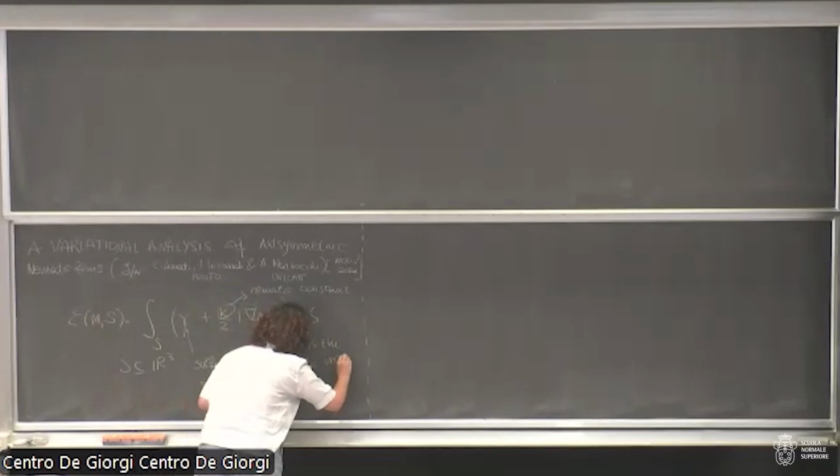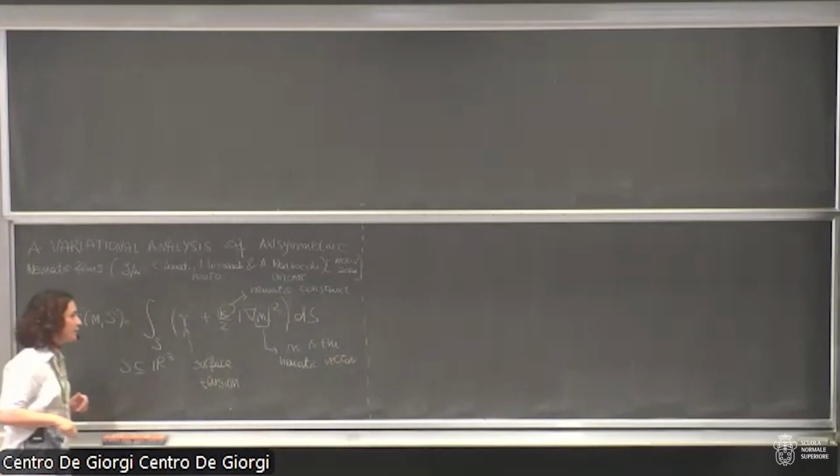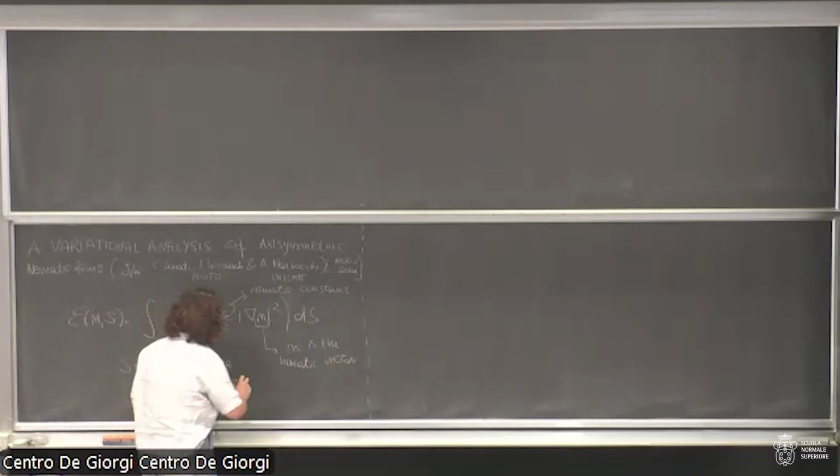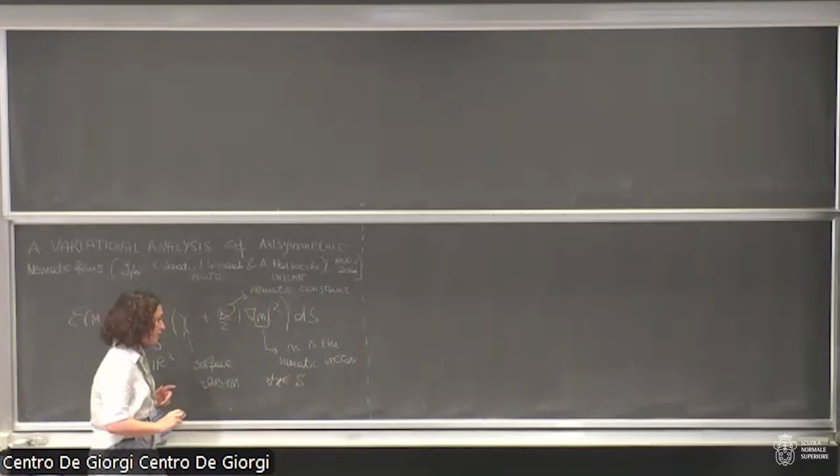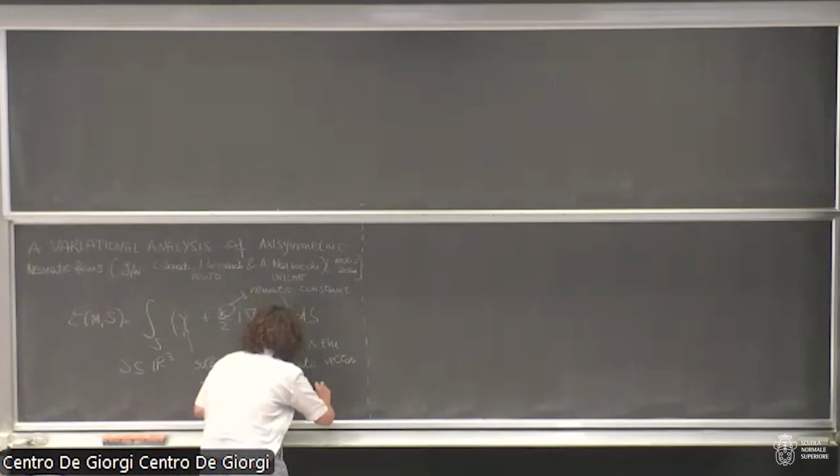The nematic vector is a unit vector, and it is constrained to lie, for all points x on the surface, on the tangent space. So n belongs to the tangent space of S.